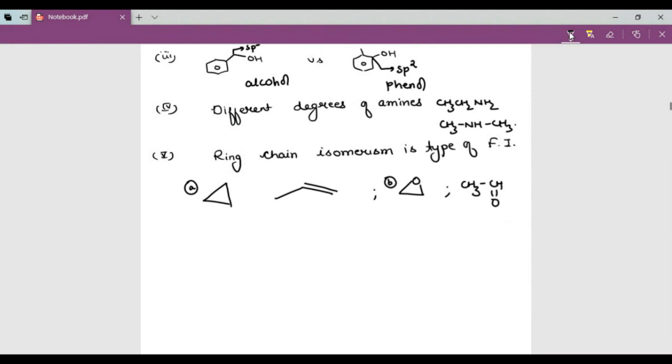This is an aldehyde. So they are different functional groups. So ring chain isomerism is basically a type of functional isomerism only, but sometimes in certain books it might be referred to as a different isomerism. If it is a single correct question and both functional and ring chain are there, it would be very difficult to suggest which one you should take as the final answer. In a multi-correct, you have to go for both. That is very clear.